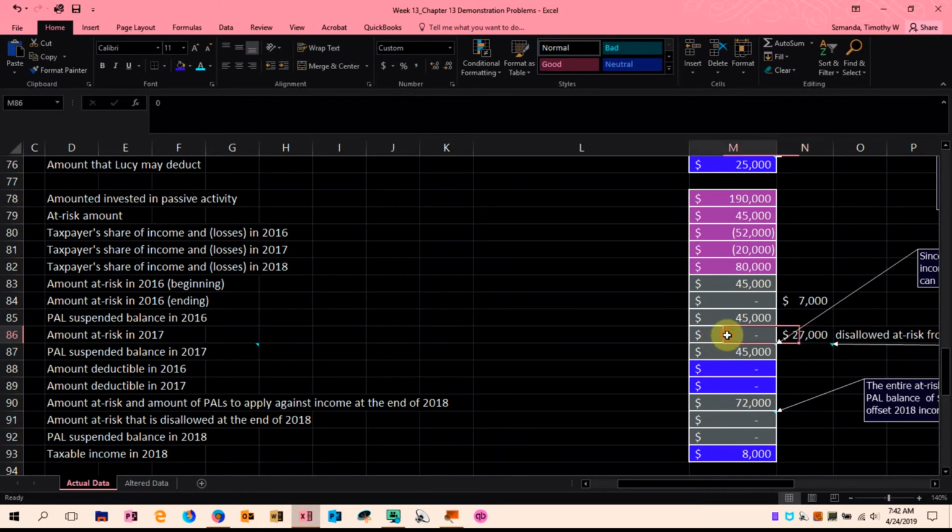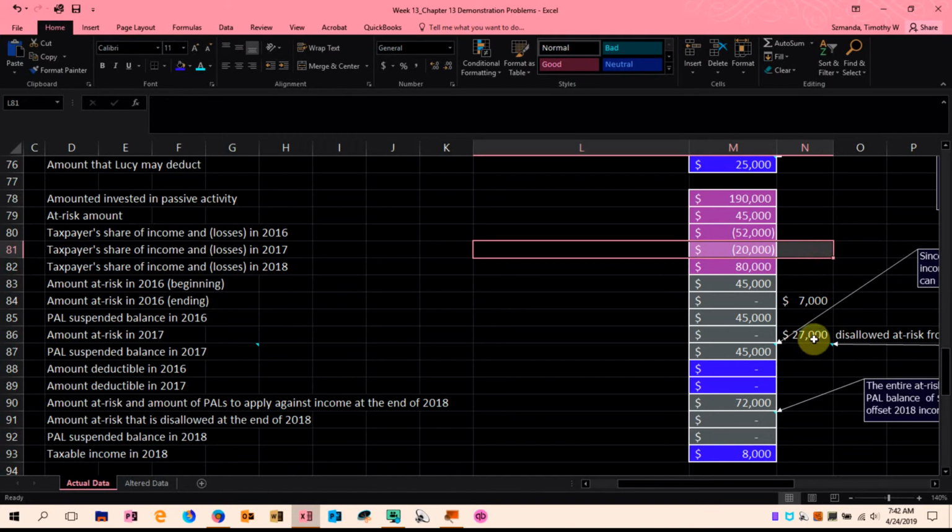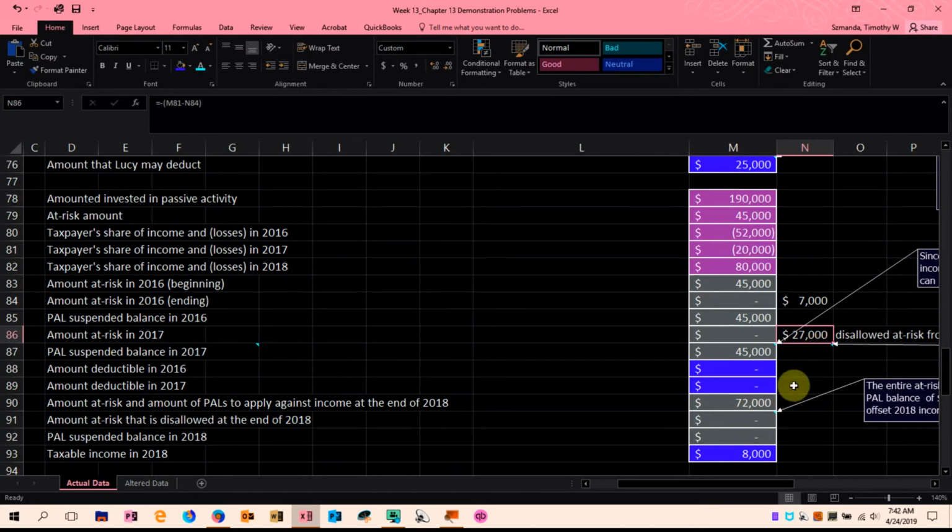So our at-risk amount is still 0 at the end of the year. That hasn't changed. But now we've increased our disallowed at-risk amount because, like I said, we started at 7. We had a $20,000 loss in 2017. That increased it to $27,000. Staying in 2017, we go on to the second test, the passive activity loss test. Well, that means we're going to have that same $45,000 suspended because there was nothing at risk in 2017.